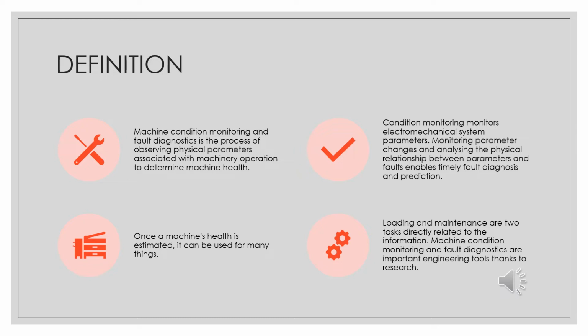Monitoring parameter change and analyzing the physical relationship between parameters and faults enables timely fault diagnosis and prediction. Loading and maintenance are two tasks directly related to the information. Machine condition monitoring and fault diagnostic are important engineering tools thanks to research.